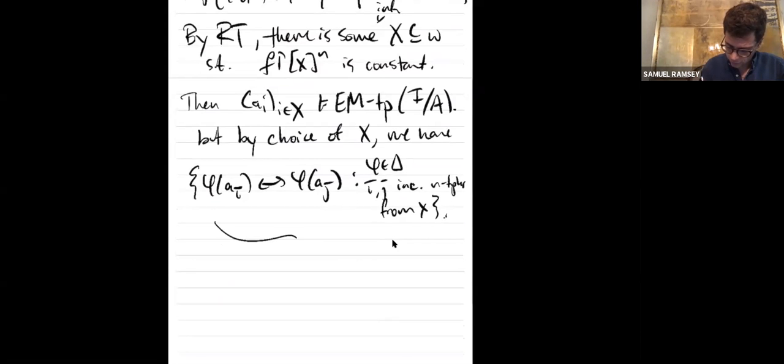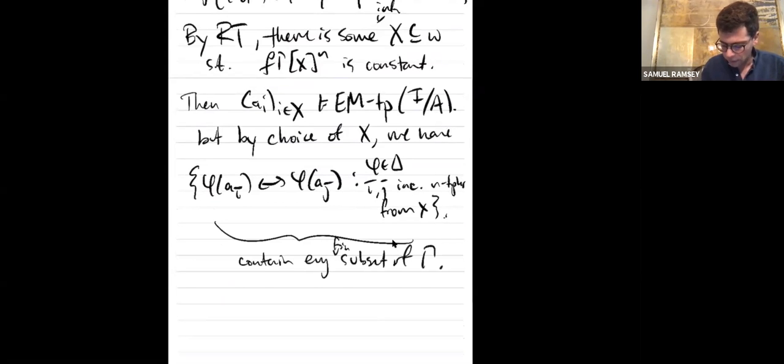Now, this is the union of the EM type together with sets of this form. Sets of this form contain every finite subset of gamma. If you take an arbitrary finite subset of gamma, it will consist of some finite piece of the EM type, and then some finite set of formulas and some biconditionals involving that finite set of formulas, and some finite number of variables.